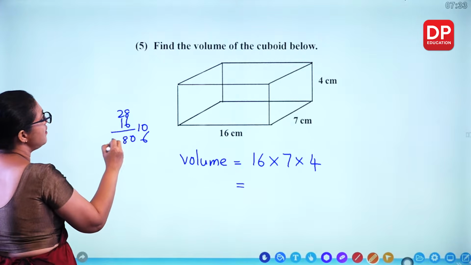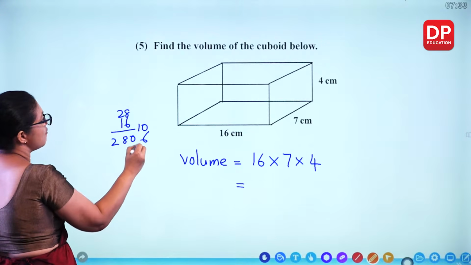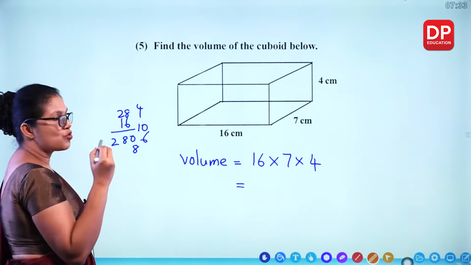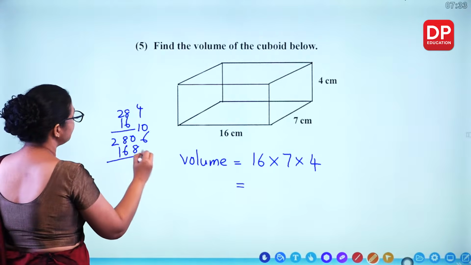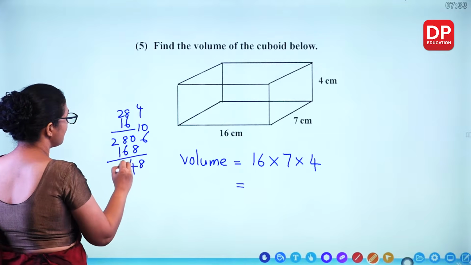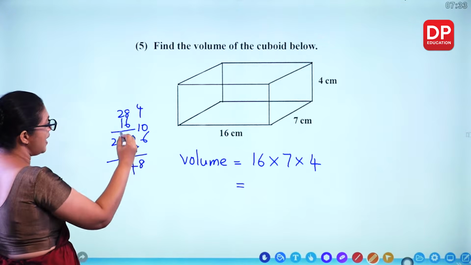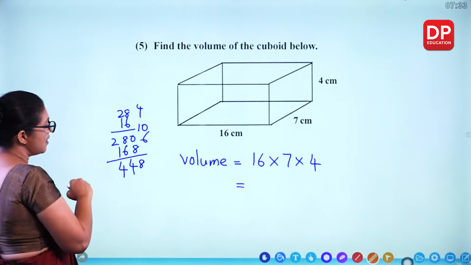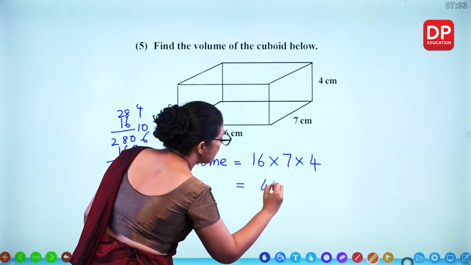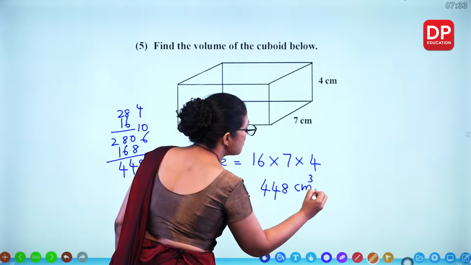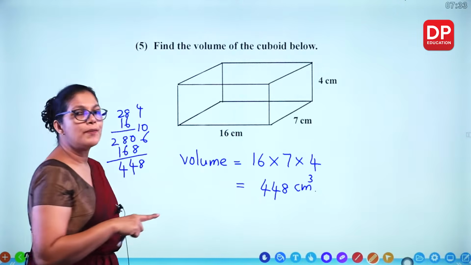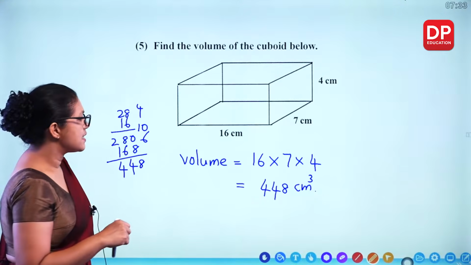Multiply by 1 and 6. 6 times 8 is 48. 6 times 2 is 12, 12 plus 4 is 16. So you get 448 cubic centimeters, because all these measurements are given in centimeters.